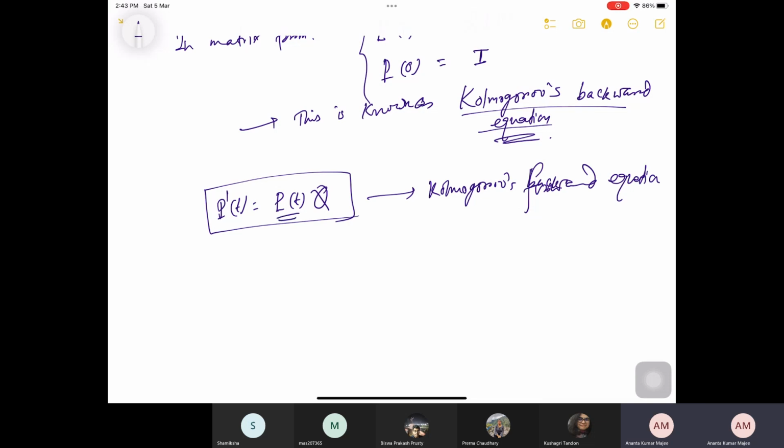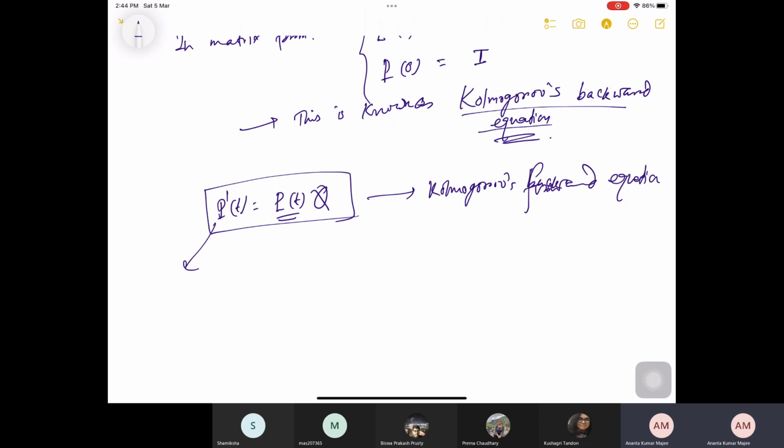So depending on which Pij you are trying to calculate, either Kolmogorov forward equation is more useful or Kolmogorov backward is more useful.